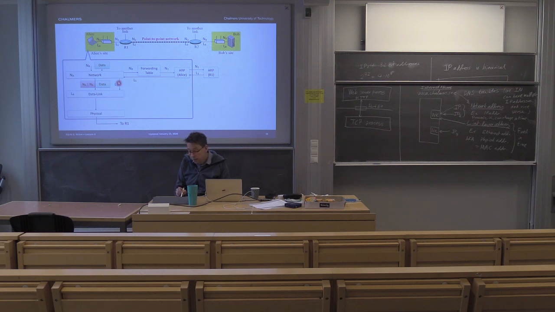The link layer address is needed for the link layer to know where this packet should go, because the link layer is not allowed to look at the IP addresses, because this is data, it's payload, right?